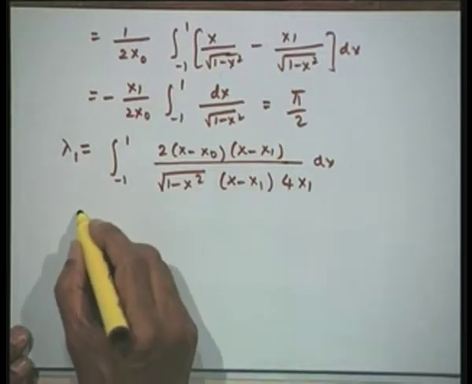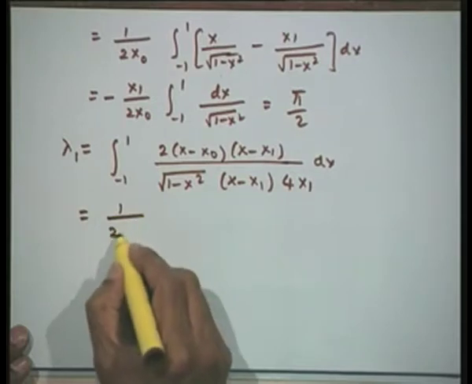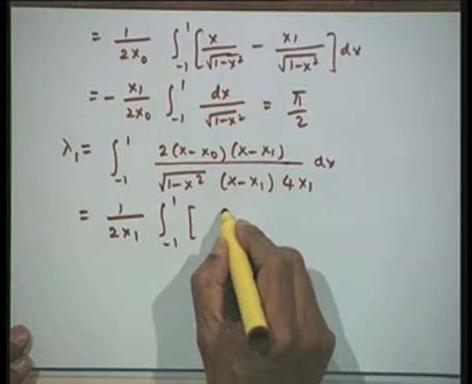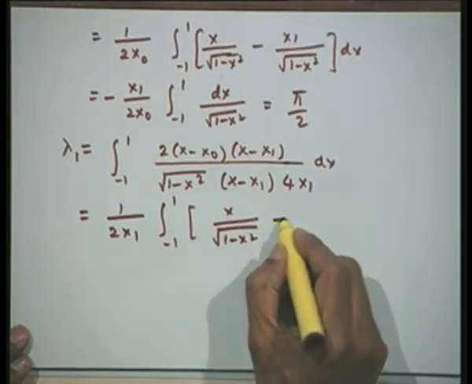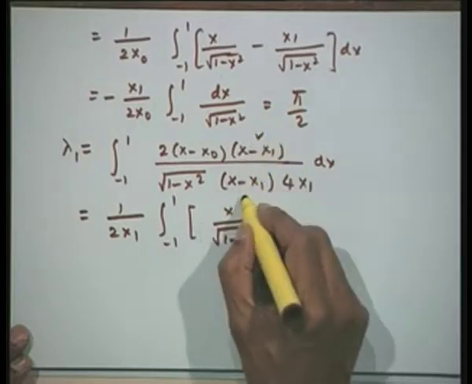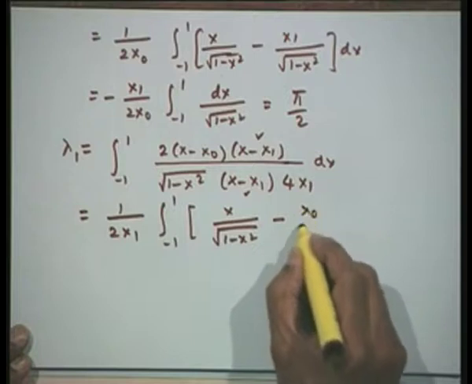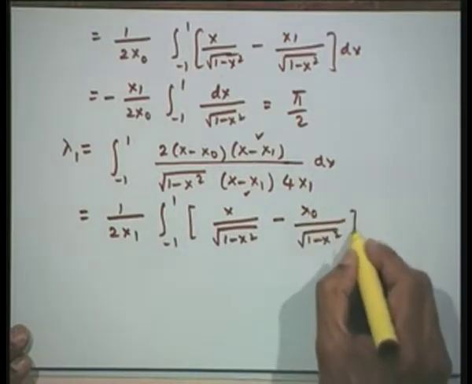Now, let us again simplify this. We will take this x 1 outside. So, I will have 2 times x 1, minus 1 to 1, again x upon under root 1 minus x squared. We have cancelled this x minus x 1 and this x minus x 1. What is left out is x minus x naught. So, I will have x minus x naught upon under root of 1 minus x squared, dx.